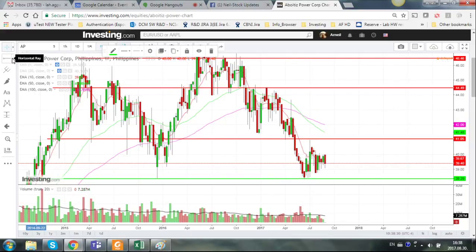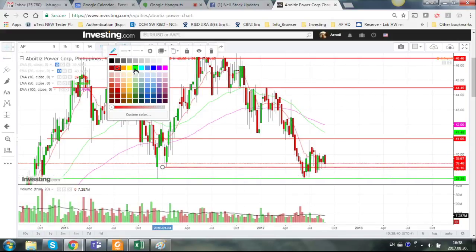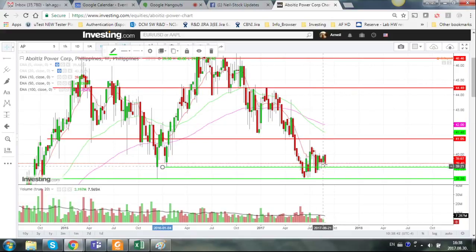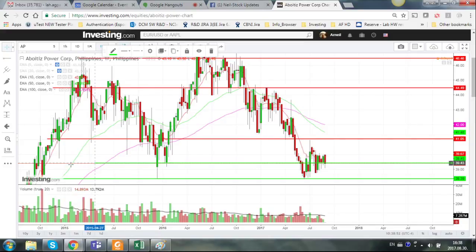We can actually consider drawing also a body to body support. Okay, green. This should be green. Kasi ito, kung titingnan mo ang last candlestick at dito, this is a common point to this. Or it can also be this one kasi body to body yung sabi ko.